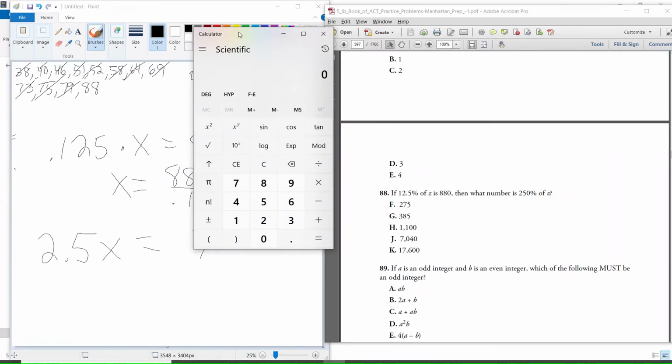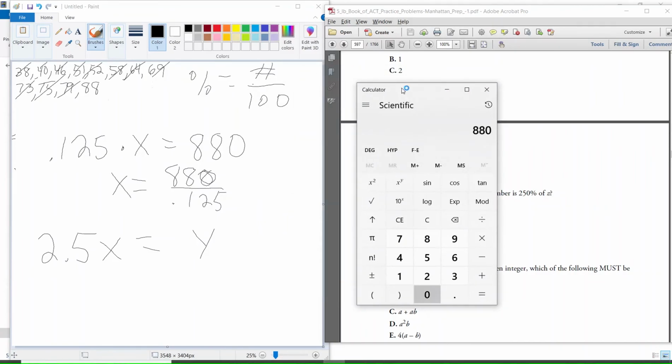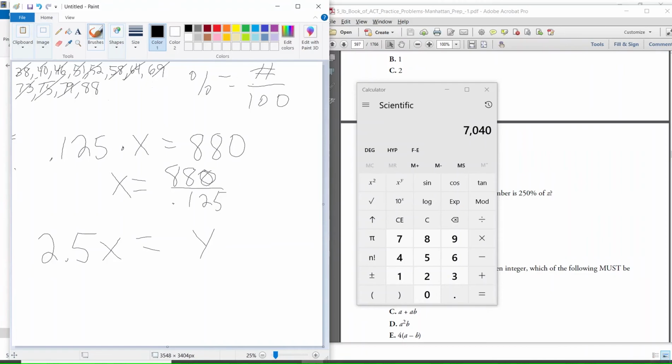0.125. So 880 divided by 0.125 equals 7,040. So now I get 2.5, because that's 250%, times 7,040 equals whatever our answer is.